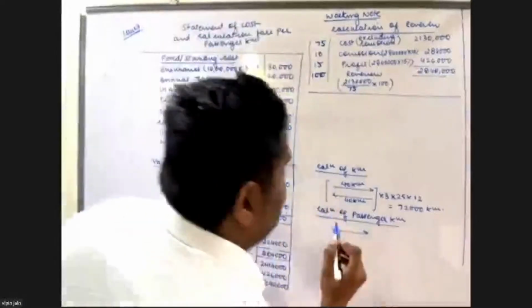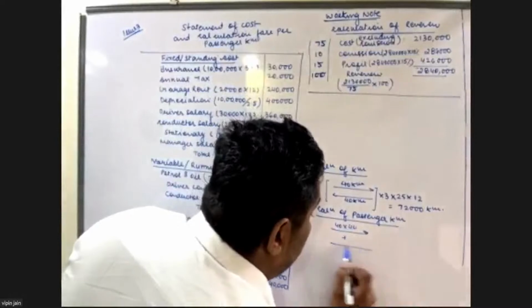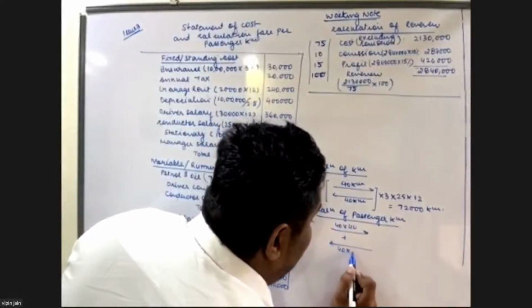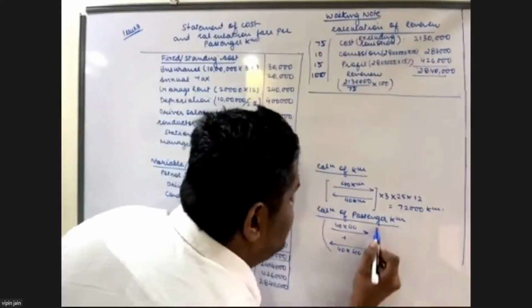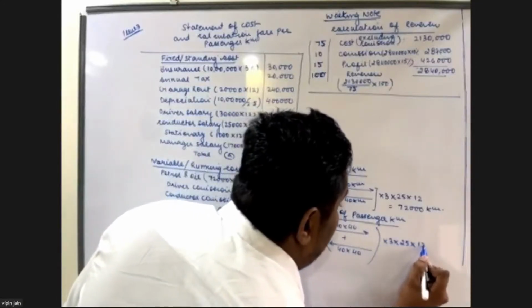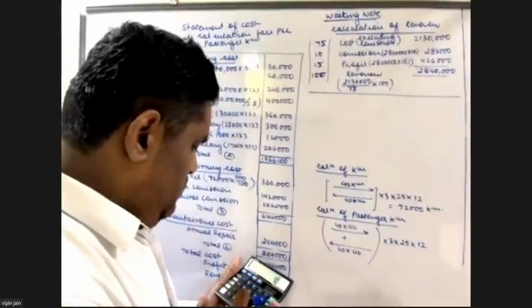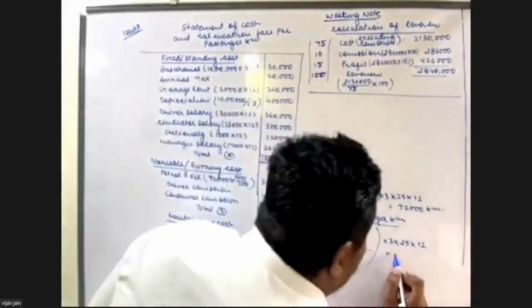So onwards journey is for 40 kilometers and they are carrying 40 passengers. Plus in return journey also there are 40 kilometers and 40 passengers are traveling, into 3 into 25 into 12. So this will be 28,80,000.